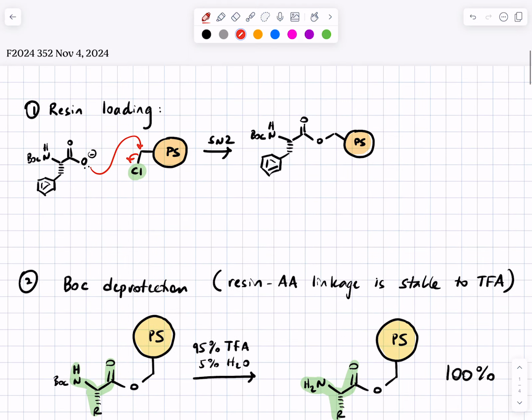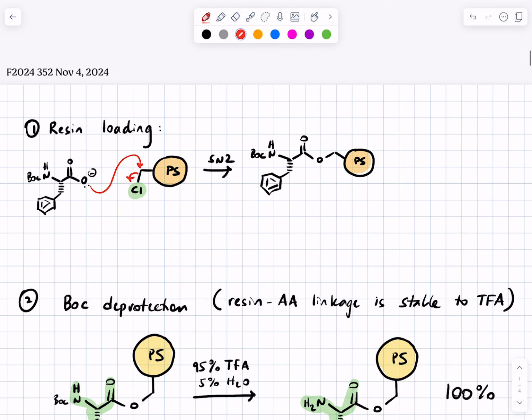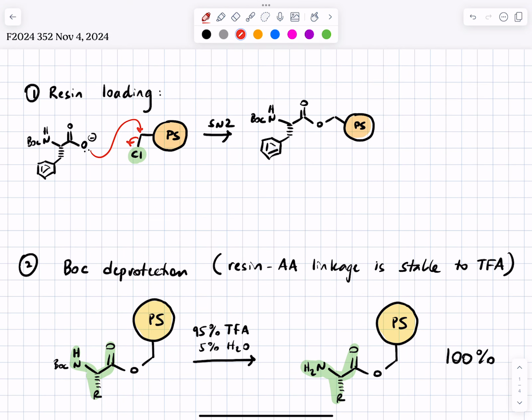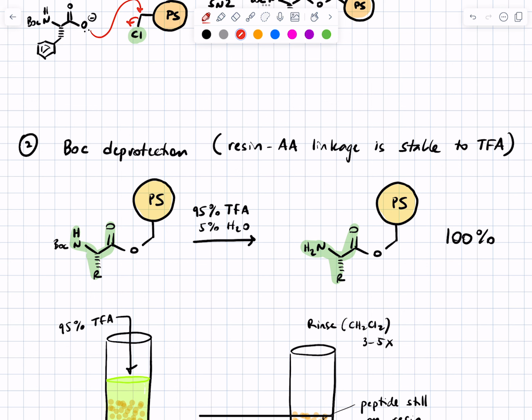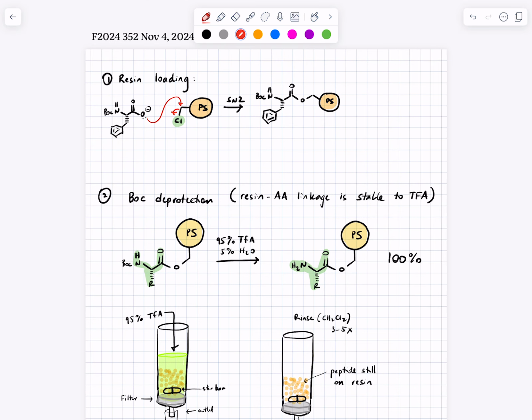So if we use this strategy unchanged, we load our amino acid on resin, we go to do the first Boc deprotection, and sound effects, the amino acid pops off the resin, and you're done. Terrible idea, right? So if you want to use this safer way of cleaving your peptide from the resin, you cannot use Boc as your strategy for protecting the nitrogen.